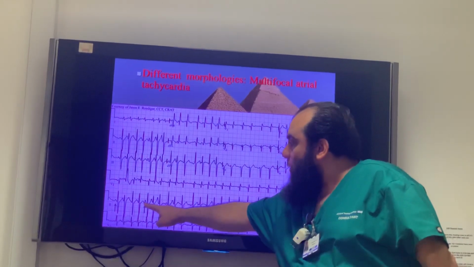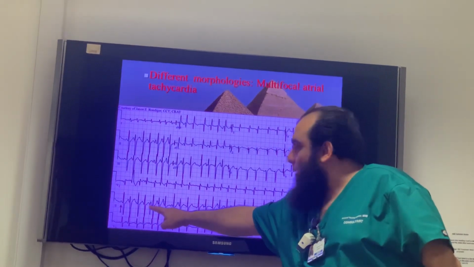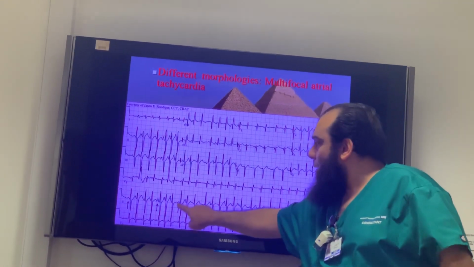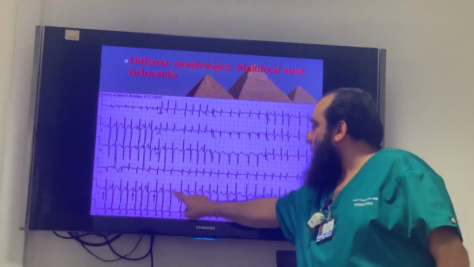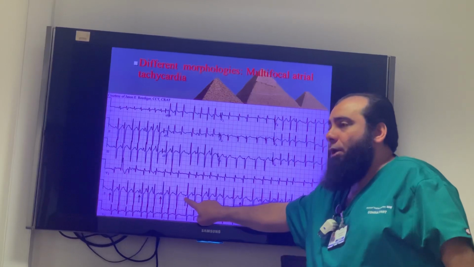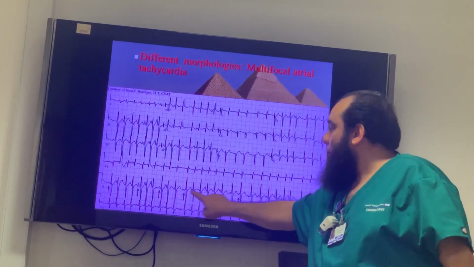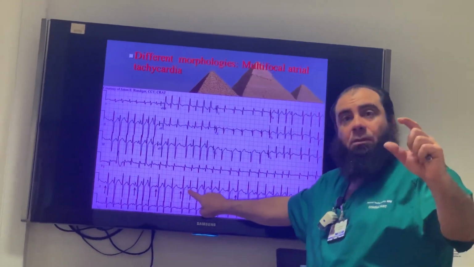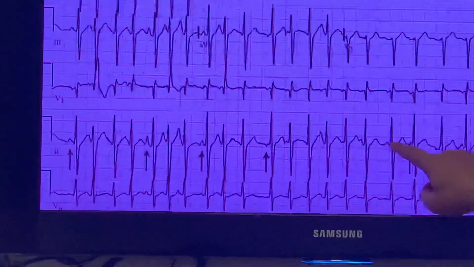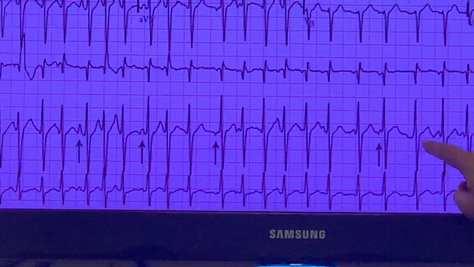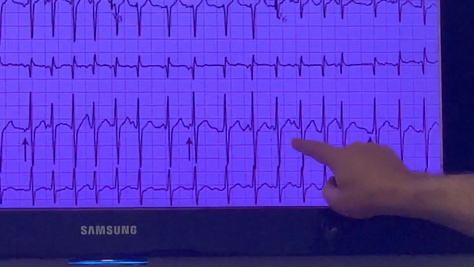Lead 2, how does it look? Big one? Okay. Here, is it the same? Not the same. Inverted. You can maximize. Different. All different. Isn't it?